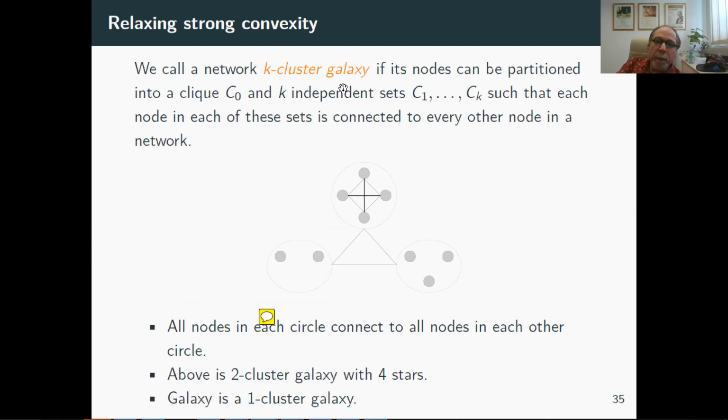But here is a more general structure, which we call a K-cluster galaxy. In a K-cluster galaxy, we have the following property. We have a clique. A clique is a subset on which the graph is complete, and K independent sets C1 to CK, such that nodes in each of these sets 1 to K have links only between those players and people outside the set.